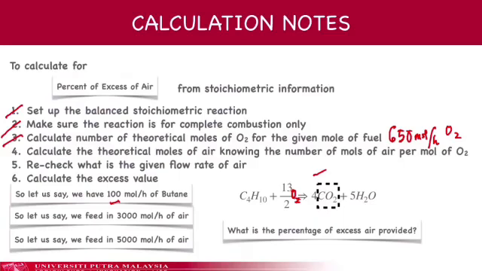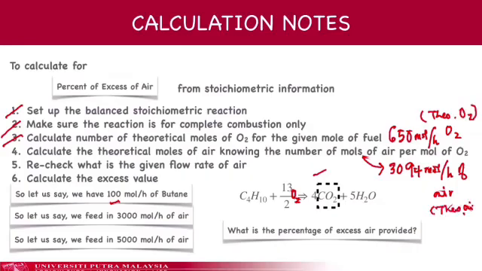And then we also calculated the theoretical moles of air from the number of oxygen that we require. So the value that we already calculated was 3094 mole per hour of air. This is the theoretical oxygen, O2, and this is our theoretical air.